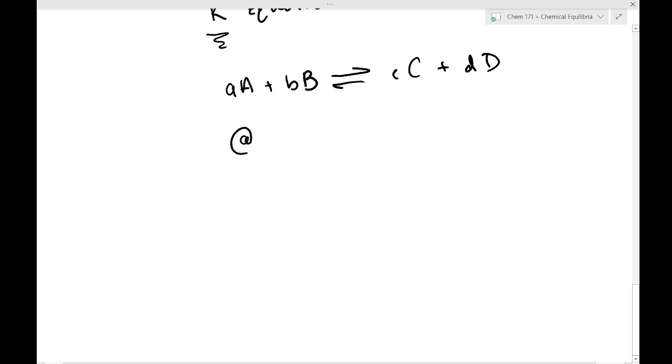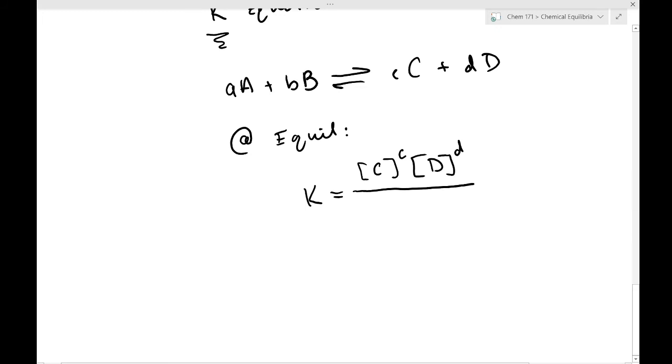At equilibrium, the equilibrium constant K is equal to the concentration of C raised to the c, times the concentration of D raised to d, the stoichiometric number of moles of D in that reaction, divided by the reactants, A raised to the little a times B raised to the little b. This is how K is defined.